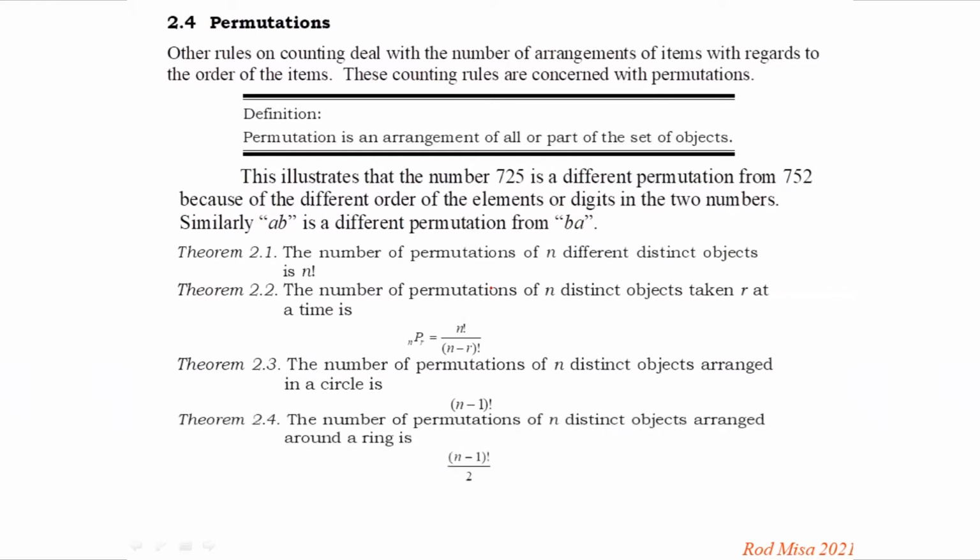The number of arrangements of n distinct objects arranged around a ring is (n minus 1) factorial divided by 2.